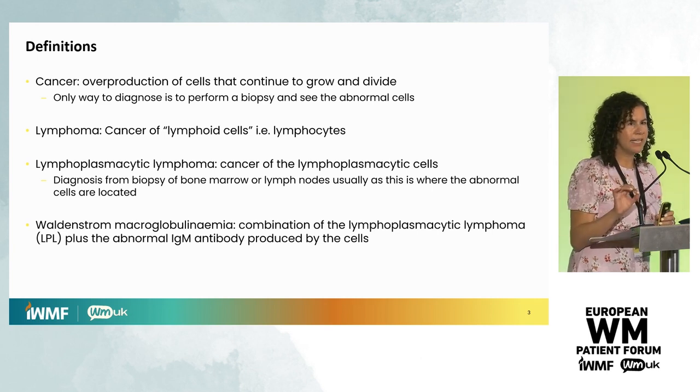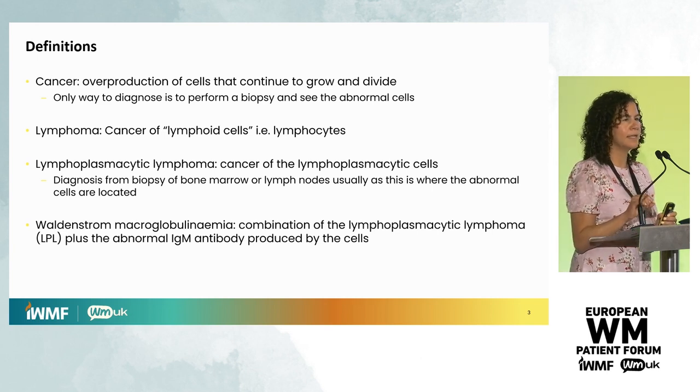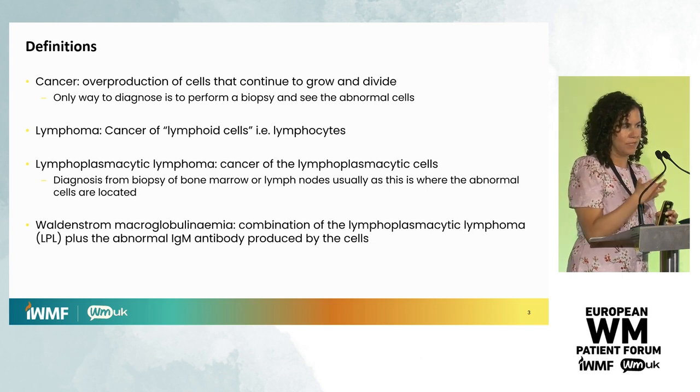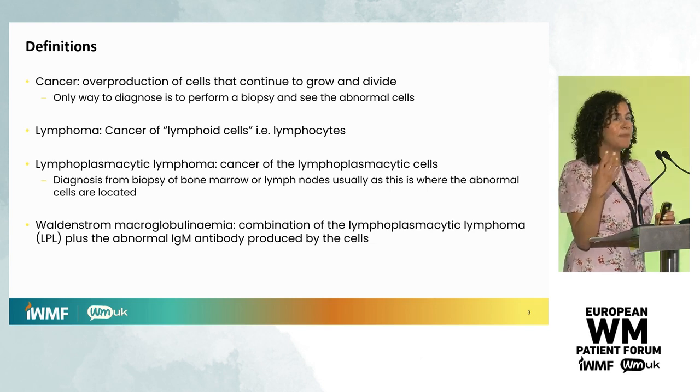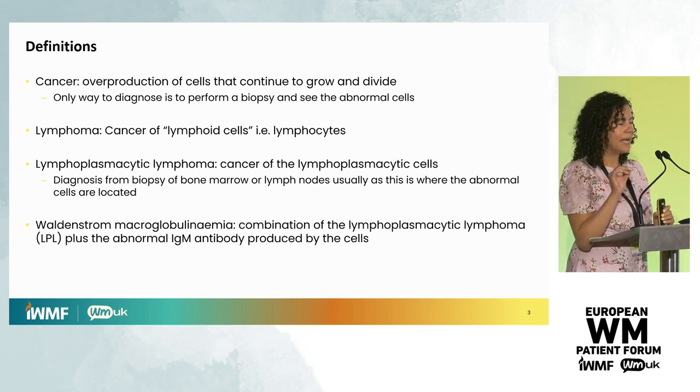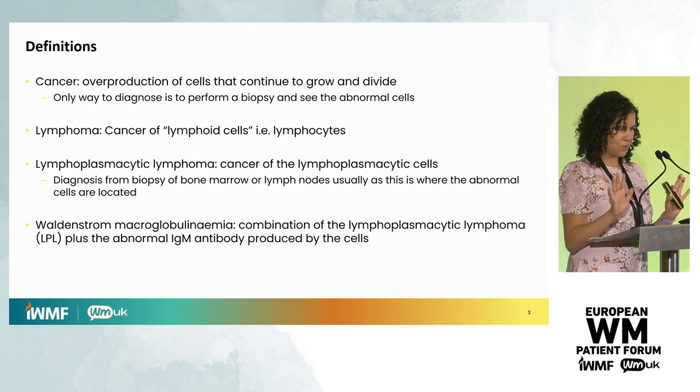The only way to diagnose a cancer is by performing a biopsy to see those abnormal cells. So you might suspect someone has a cancer from looking at their scan or their blood test, but the only way to absolutely diagnose a cancer is by biopsy. So that's what a cancer is.